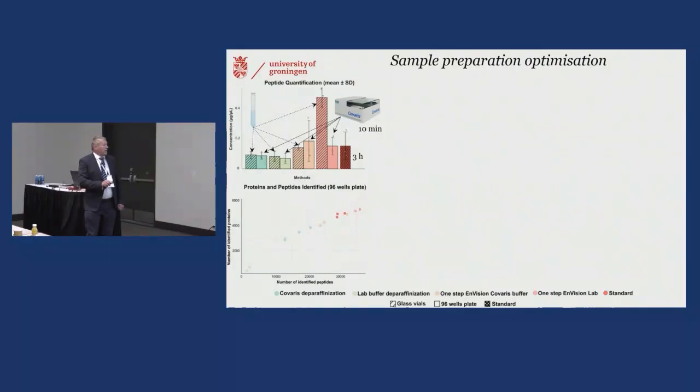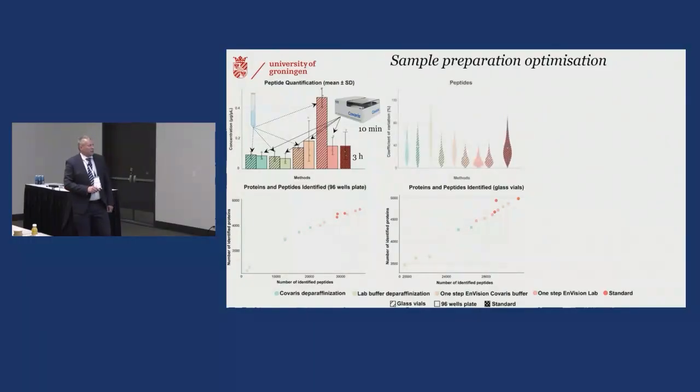This is shown by the number of identified proteins, which goes up to 5,000 proteins in one sample for the Covaris. If you compare that with the standard method, it doesn't reach 5,000. So we get a slightly better number of identified proteins.